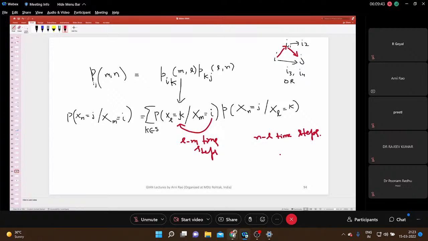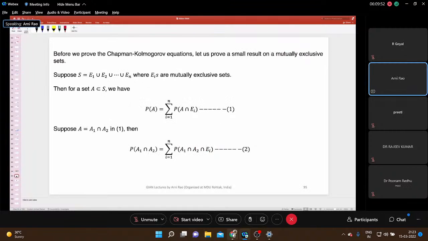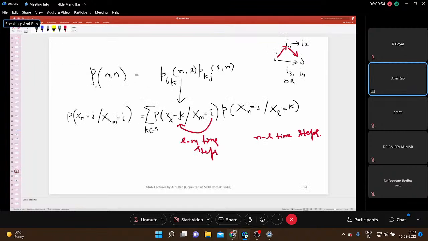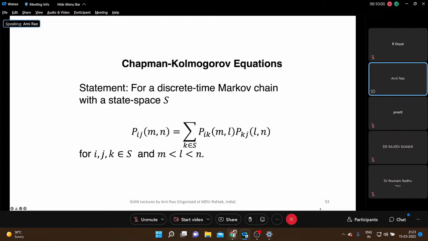So this is the idea of Chapman-Kolmogorov. That is what Chapman-Kolmogorov says: summing over all k belonging to S, where m is less than L, less than n, meaning the time step L lies strictly between m and n.